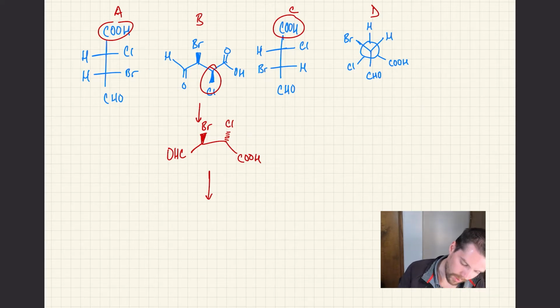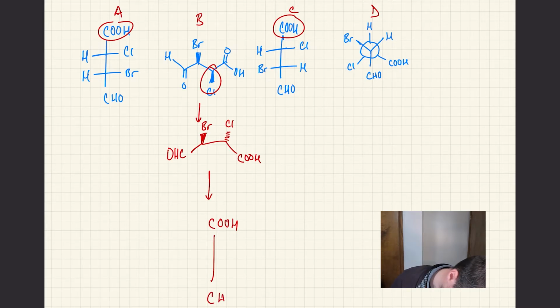And then I'm going to flip it over so that the backbone appears to be flat. And so COOH, CHO. Wow, nicely done. It's like I've never used a pencil before. Okay, so now when I flip this, the bromine is going to be on the right, the chlorine will be on the left. All right, so there's that guy.